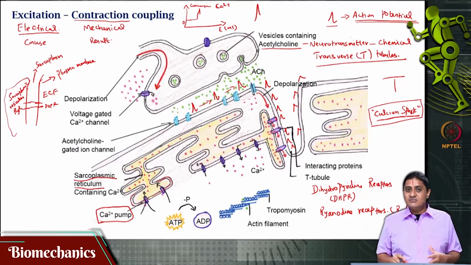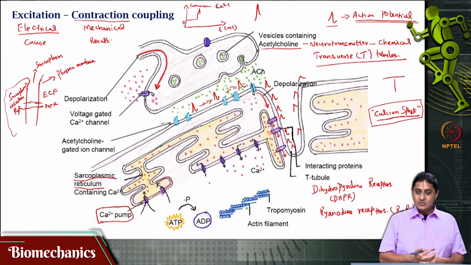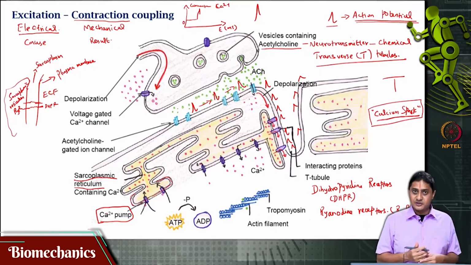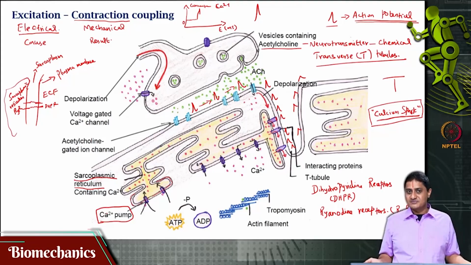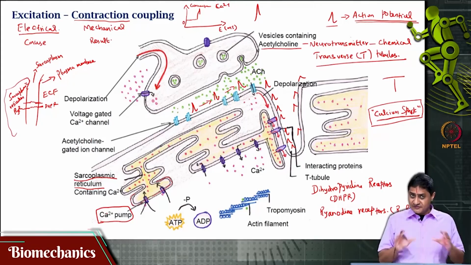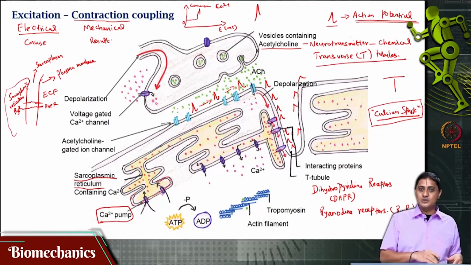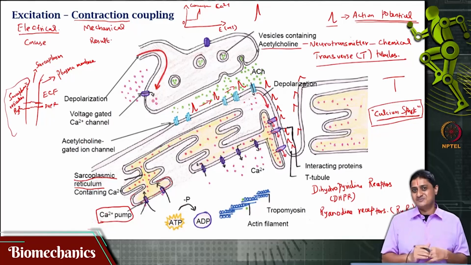Naturally, calcium will go from the region of higher concentration, which is the sarcoplasmic reticulum, to the region of lower concentration, which is the rest of the cytoplasm, or the sarcoplasm. So if there is a channel that generally allows calcium to leave, calcium will leave the sarcoplasmic reticulum for the sarcoplasm, because in general the sarcoplasmic reticulum has a lot of calcium, right?